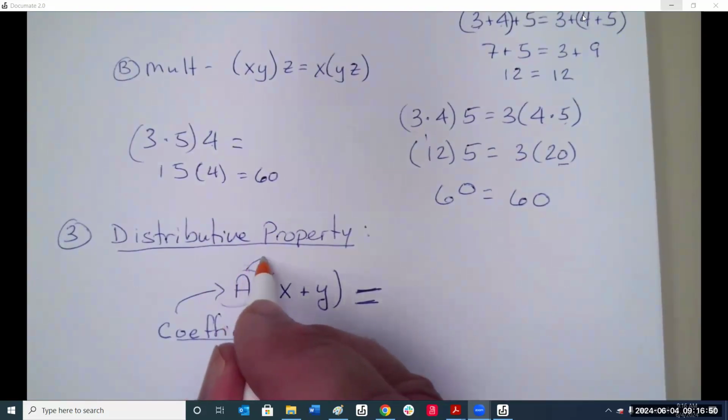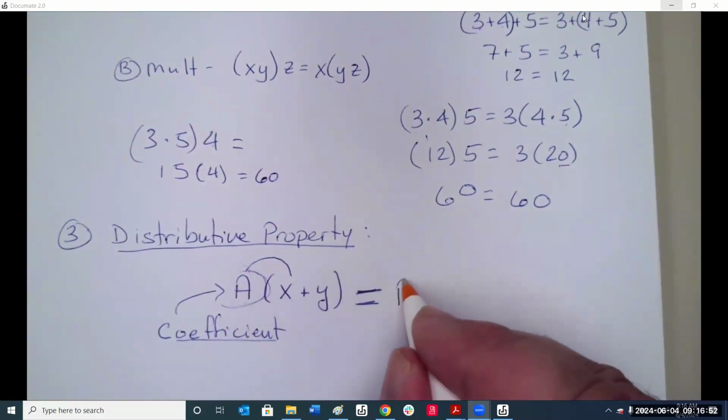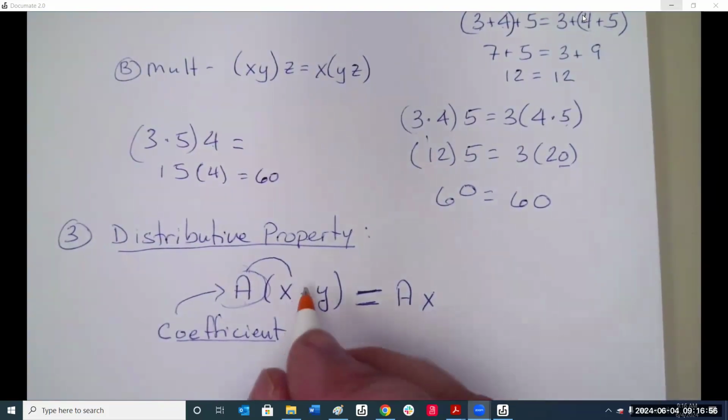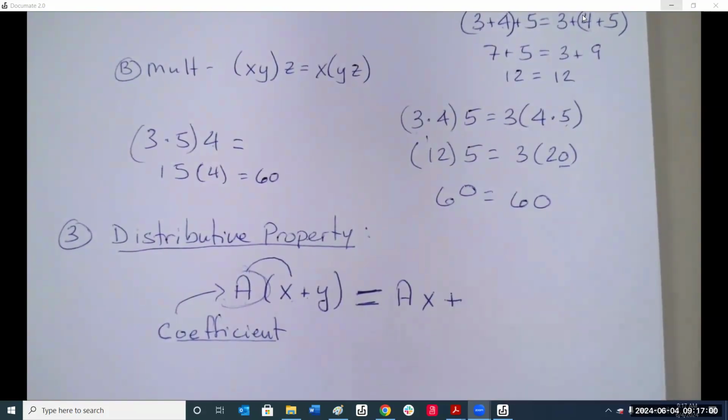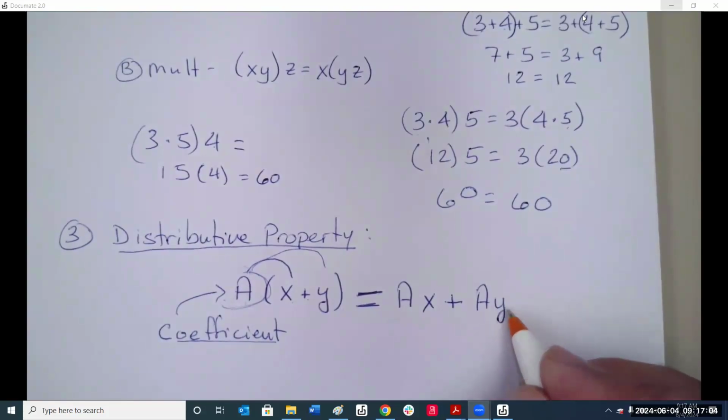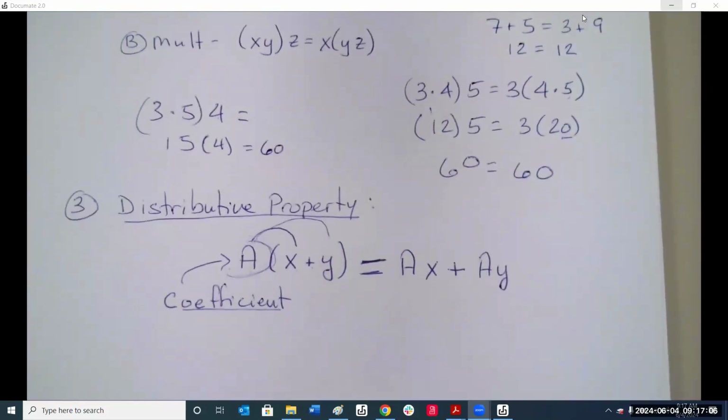So what it says is A times x is ax. This is positive, that's positive. So A times y. So the distributive property allows us to get rid of parentheses.